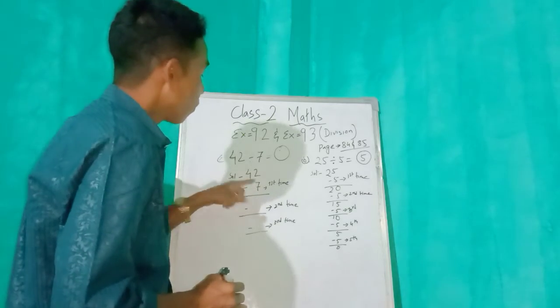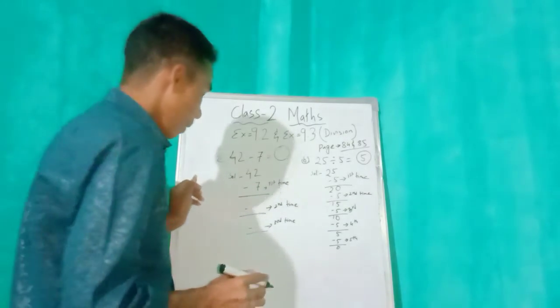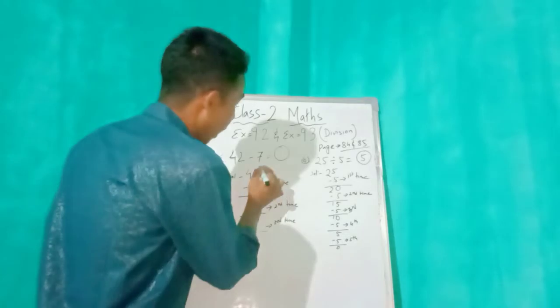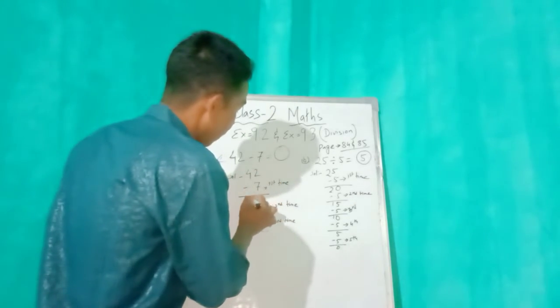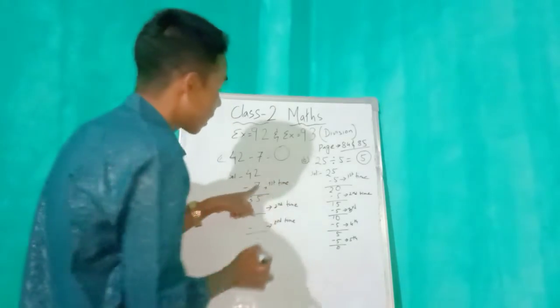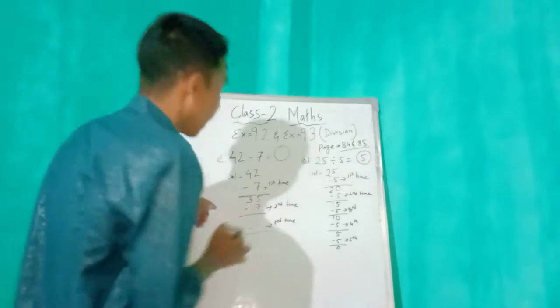So 42, how much? From 42 we will minus 7, that is 35. This is the first time. Now I'm going to bring here 7 again.